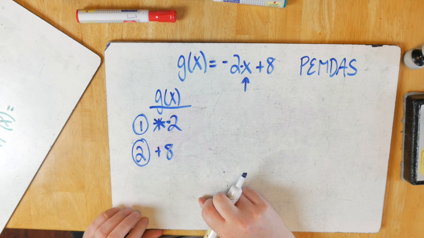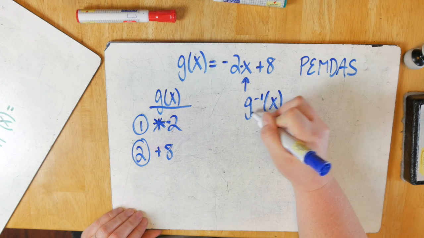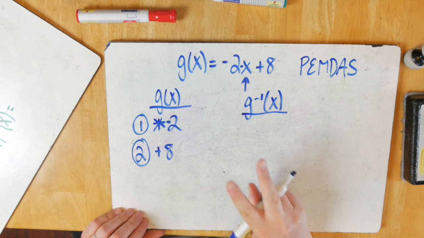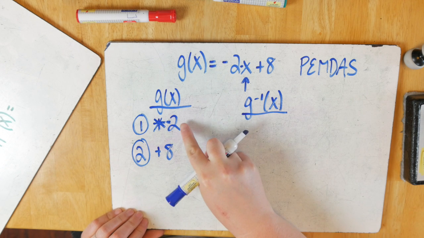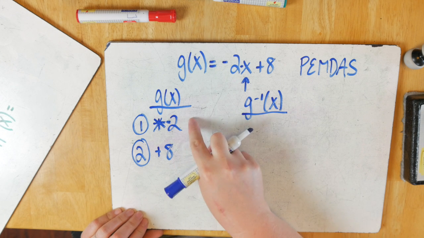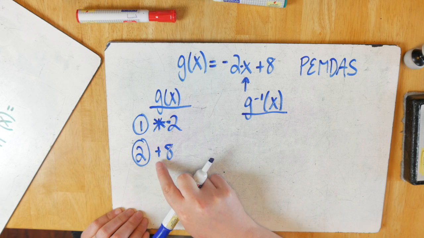Now, to find the inverse, we have to do two things. First of all, we have to inverse both of these operations. The inverse of multiplication is division, and the inverse of addition is subtraction.